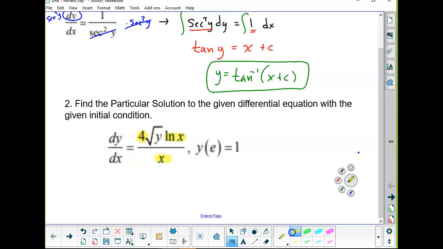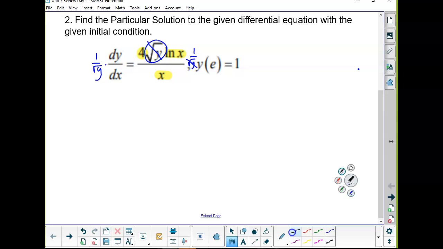My advice is keep the 4 on the right-hand side, which means the only thing I have to get rid of is the square root of y. So I'm going to bring that over to the other side, but how do I bring it over? We've got to do the opposite value of that. So I'm going to multiply by the reciprocal of that, and that way the square root of y reduces out on the right-hand side. Okay, so I'll rewrite this so it looks a little nicer.